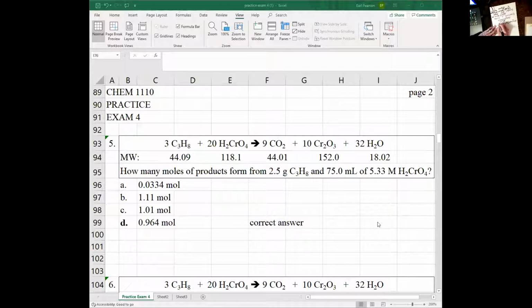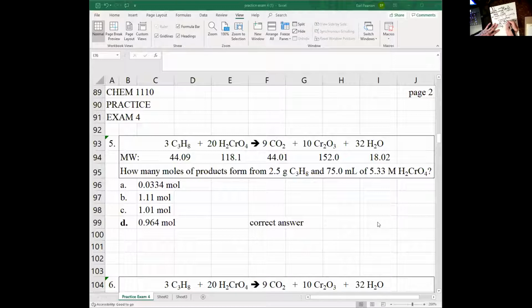We got 2.5 grams. Again, there's 3 and 44.09 grams shown in the balanced equation. We've got 75 times 10 to the minus 3, that's milliliters converted to liters.